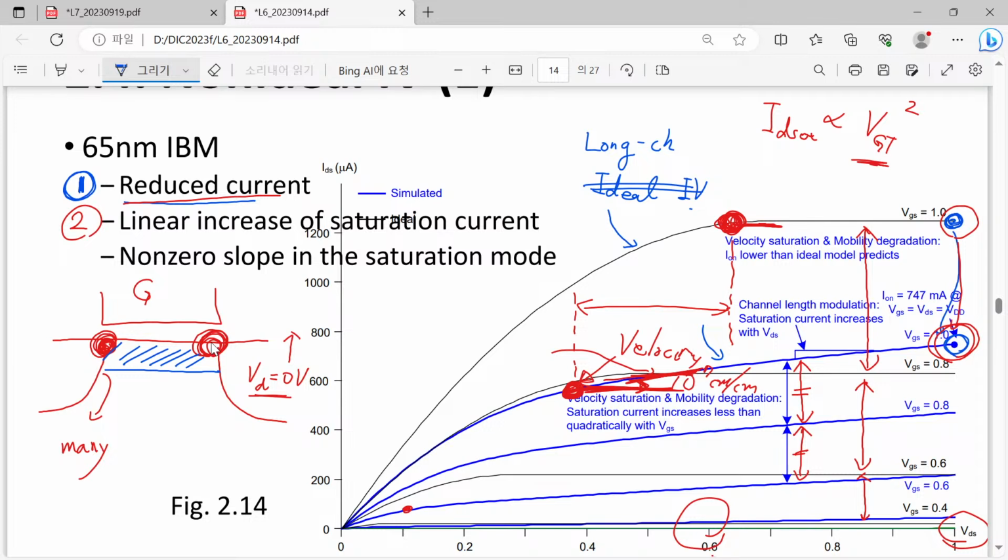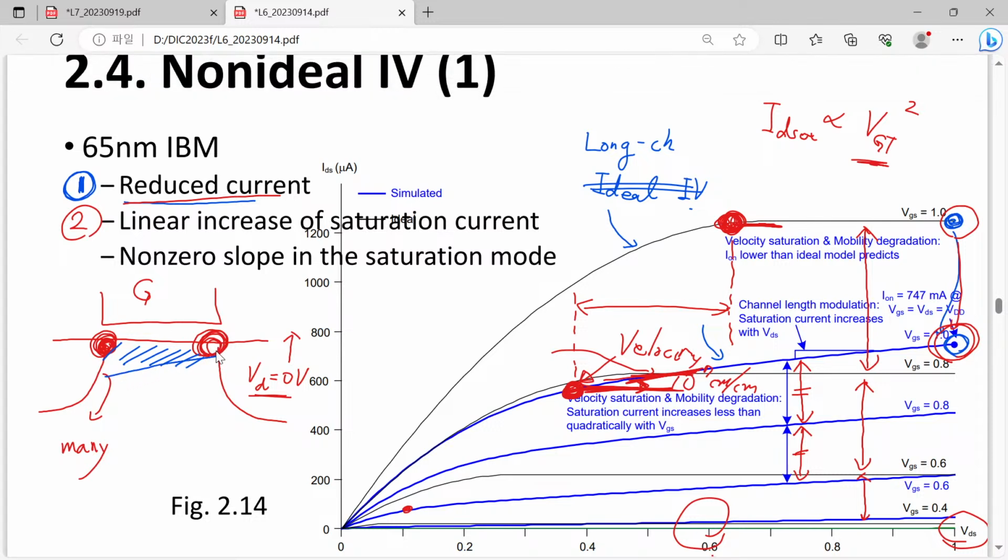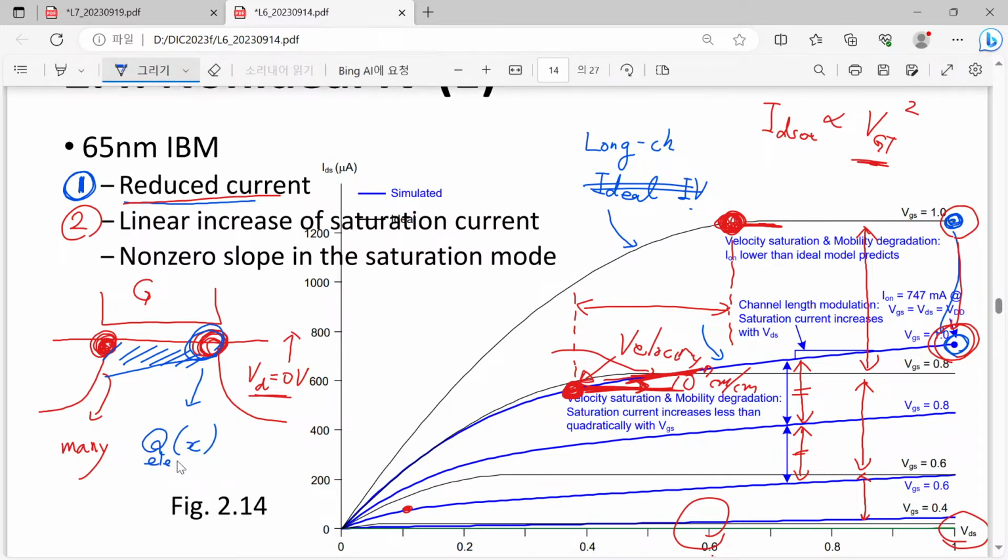The thickness of this blue shaded layer just represents the number of electrons. And when we increase the drain voltage higher and higher, we have fewer and fewer electrons at the drain side. Why do we have a lower number of electrons in this part? It is because the charge at this point x is given by Cox times (Vg minus channel voltage minus threshold voltage).